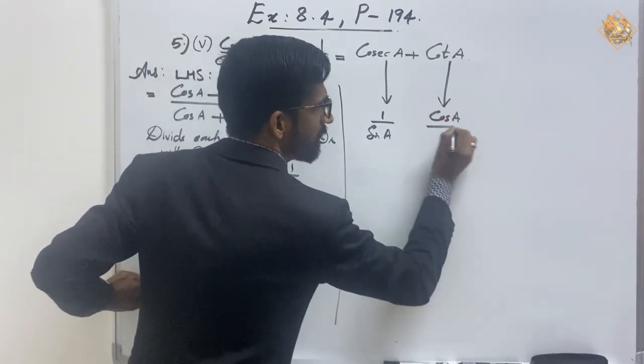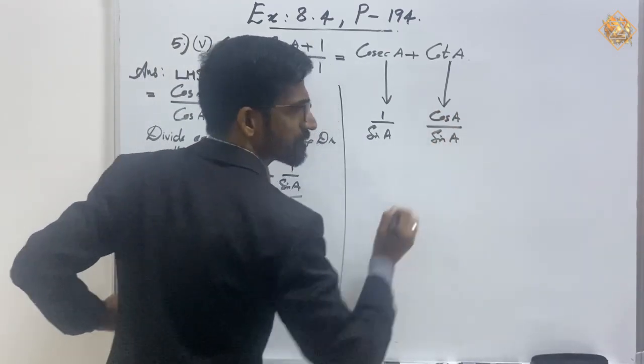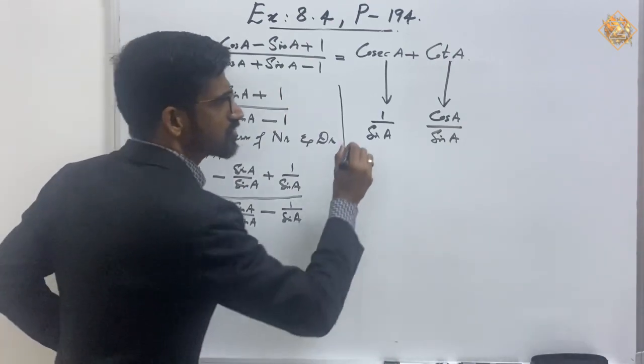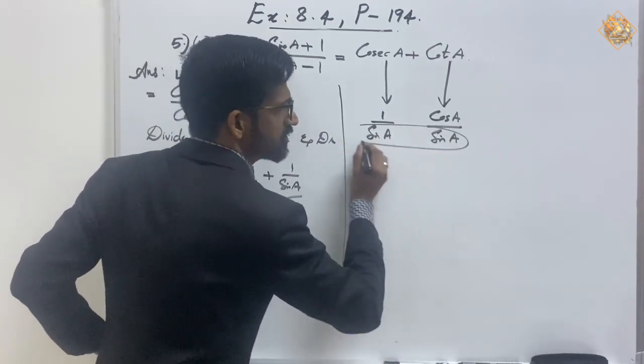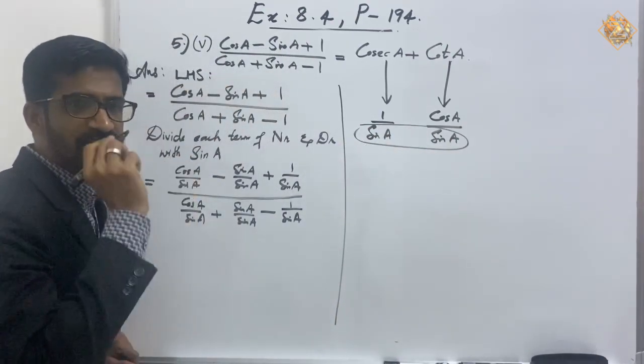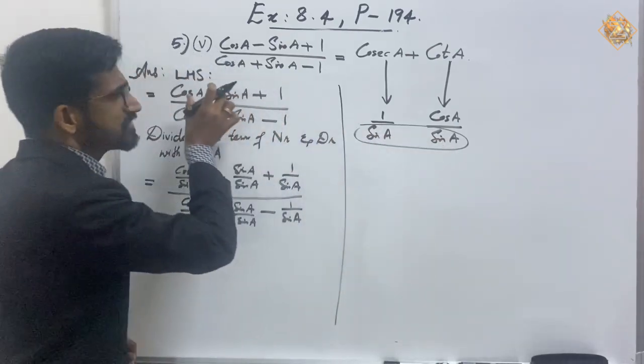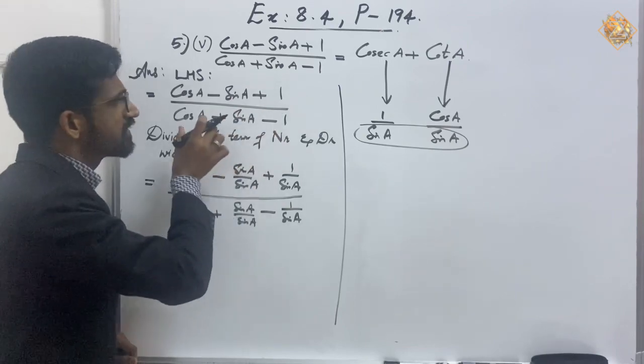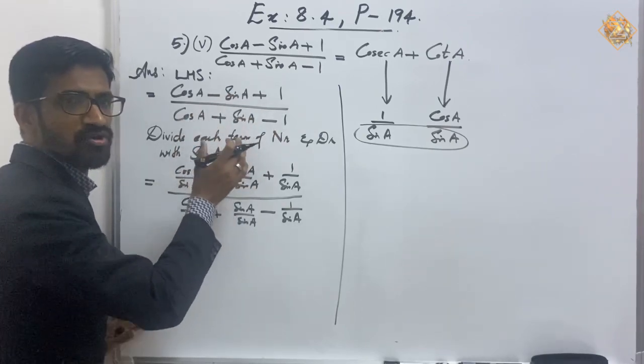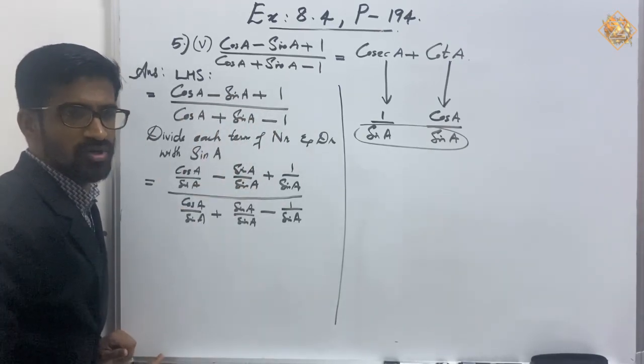So both the terms have denominator sin A. So keep in your mind, we will divide all the terms of the numerator and denominator of the LHS by sin A.